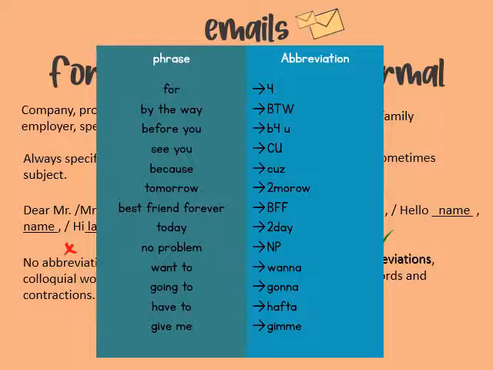By the way, they use the first letter of each word, BTW. Before you, we use B, letter B, number 4, and letter U. And so we have more of these abbreviations, and you can find many others.